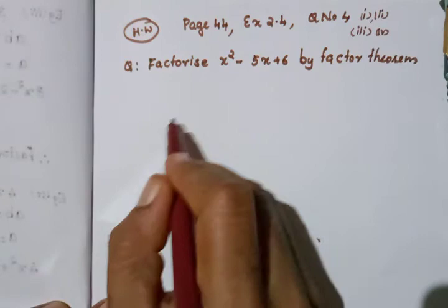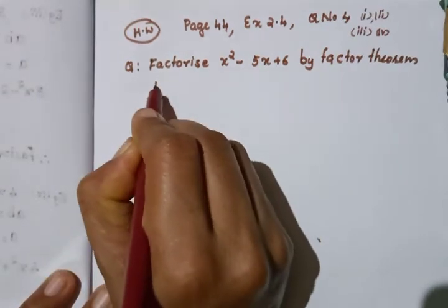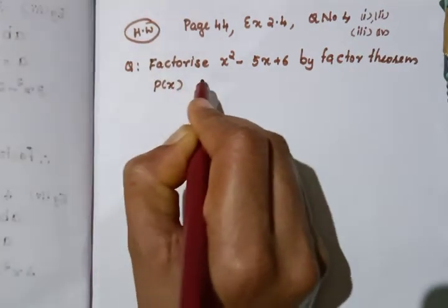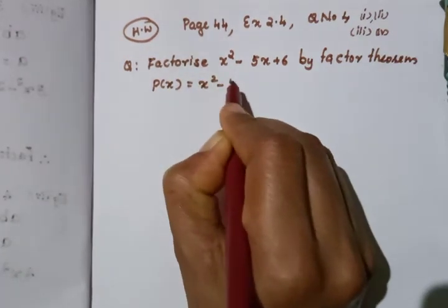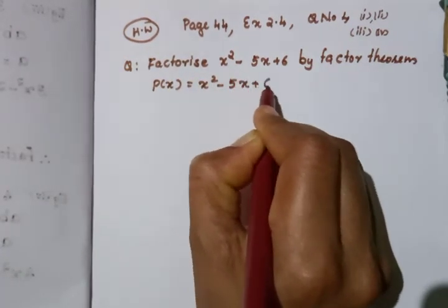Okay, now listen, we are taking this one as p of x, that is x square minus 5x plus 6.